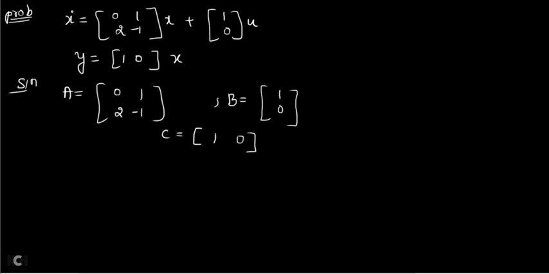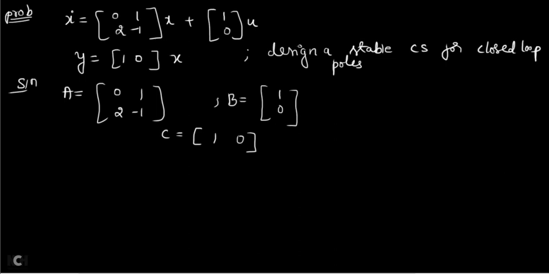Now what do we need to do in this problem? You need to design a stable control system for closed loop poles to be present at s equal to -1 and s equal to -2.